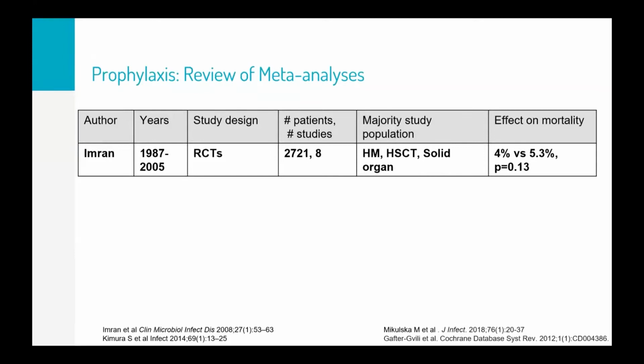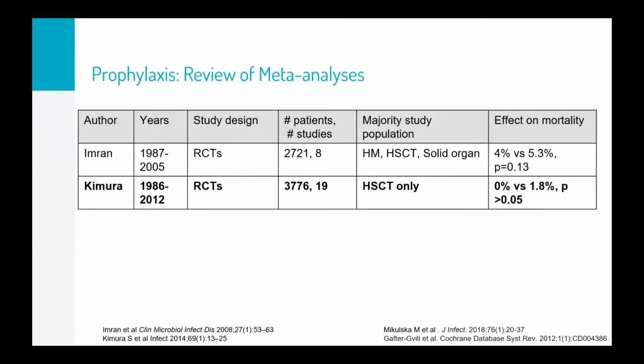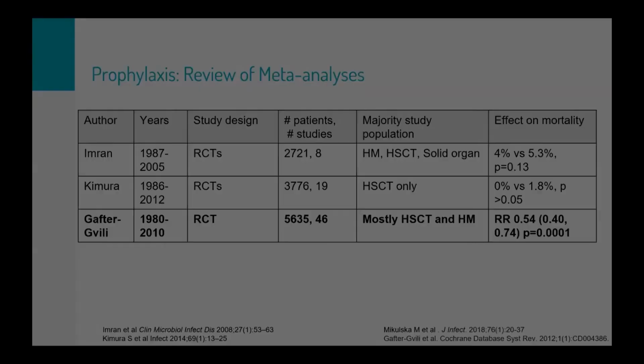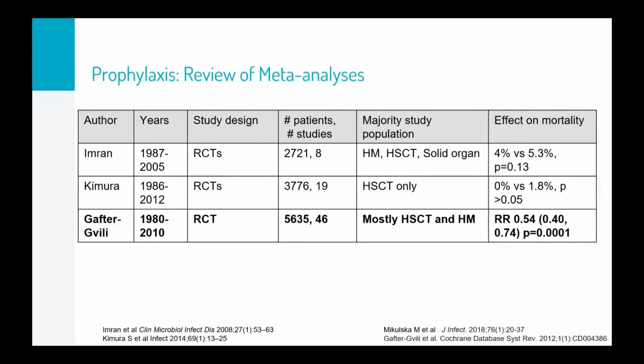So the first meta-analysis in 2005 looked at only RCTs and all malignancy groups, and they found no mortality difference. The second one by Chimera also looked at only RCTs with a little bit more patient population, but only looked at the stem cell transplant population, but also found no difference. The third meta-analysis in this table was by Gafter and Golvey.